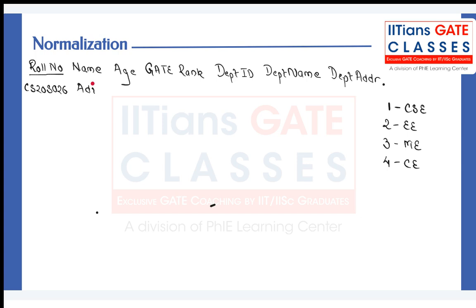And the age at that time was 23. My GATE rank was 502. Since I'm in the CSE department, I will have a department ID of 1, my department name will be CSE, and my department address will be some A1. Some address, a long address is there.